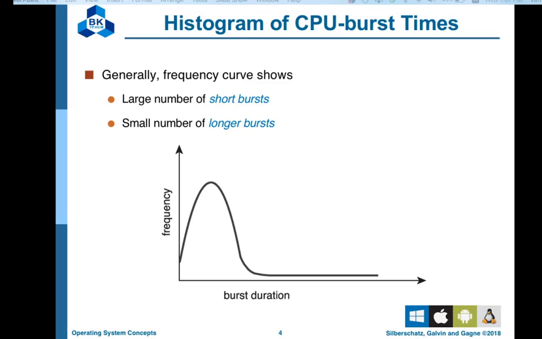For example, some algorithms privilege I/O bound processes such as shortest job first and shortest remaining time first, and otherwise the round robin algorithm will privilege the CPU bound processes.